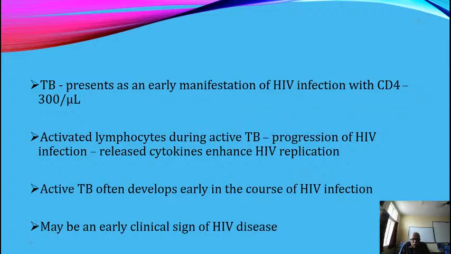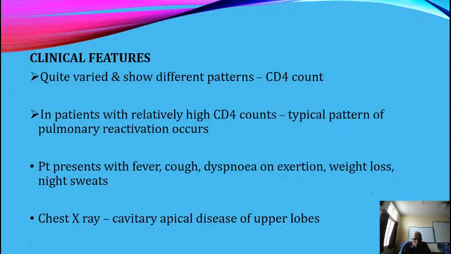If HIV is diagnosed, thoroughly check for the presence of TB, pulmonary TB or extrapulmonary TB, by doing all molecular biological methods for diagnosis. Here the clinical features will be variable since it's not related exactly to CD4 count. It may be sometimes 400 or sometimes even 150 also.